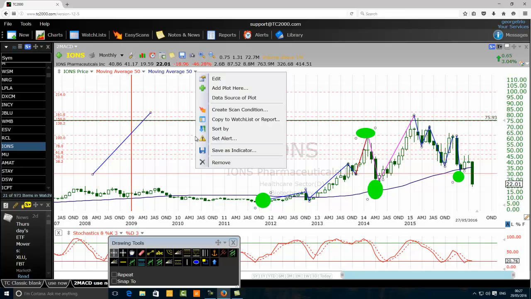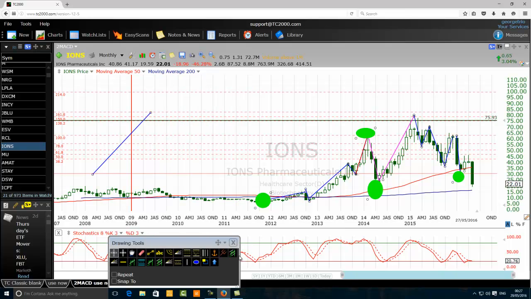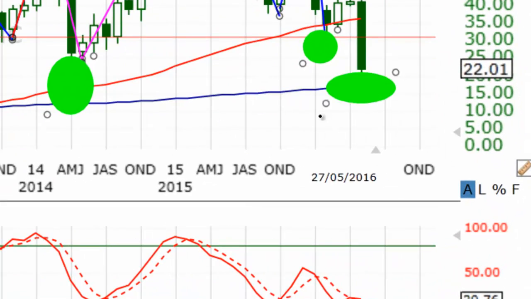So 70% of the time, you will see that the full correction, the whole corrective phase, may end somewhere near the 78.6% Fibonacci extension level, near the moving average 200. So I'm placing on my chart the moving average. You see where we are now? Near, you see, this is the moving average 200. Can you see? Moving average 200. So now the price continued to go down after the flat correction. Here it is near the moving average 200.